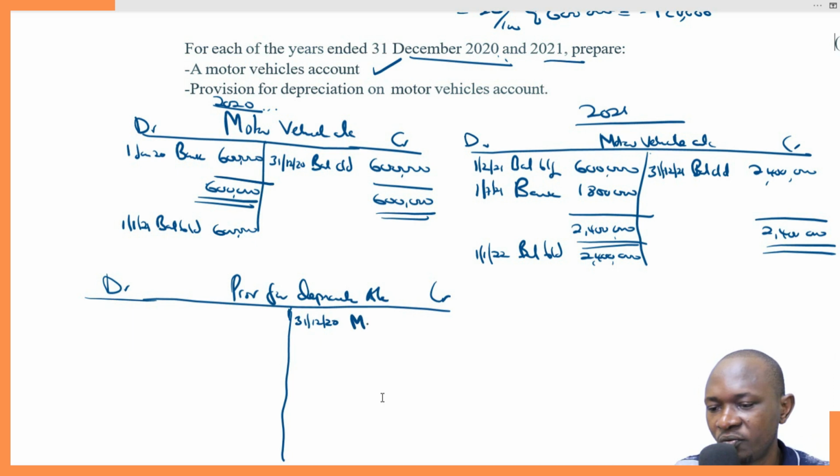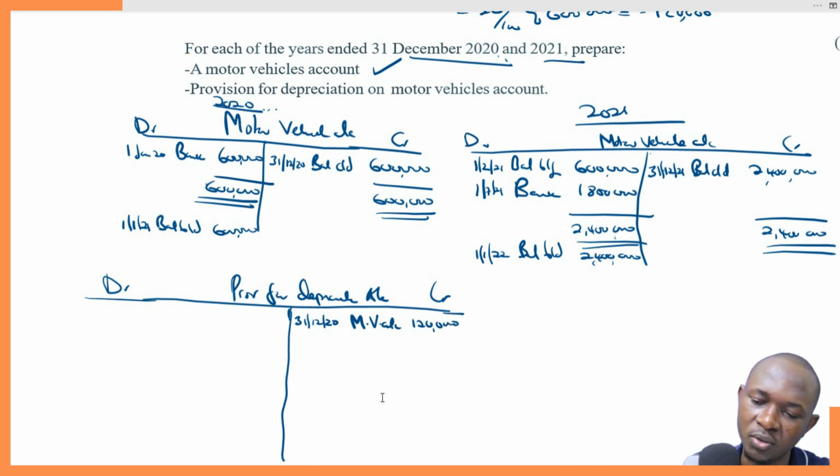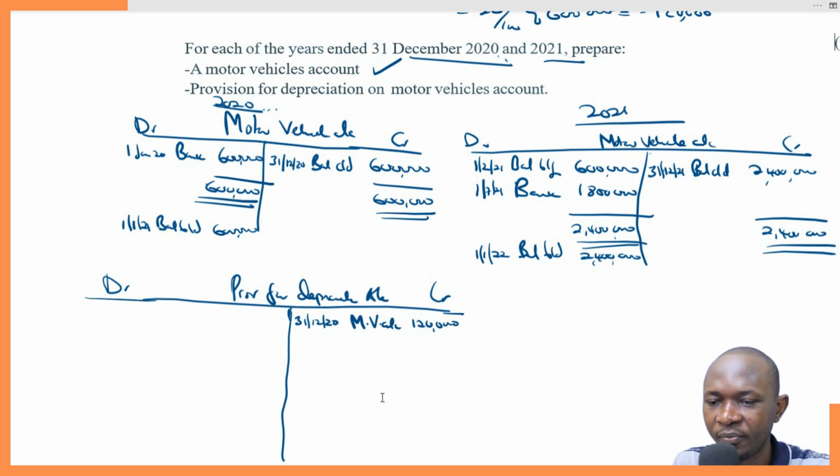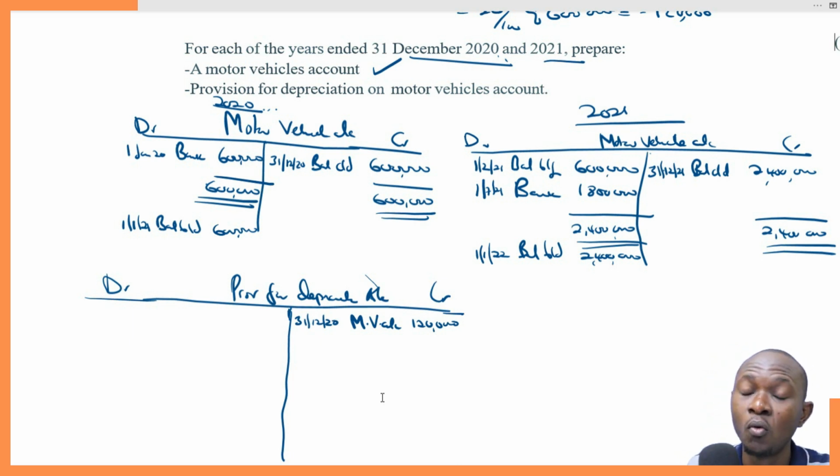So we say motor vehicle account, how much? 120,000. So it's to show that this figure here, 600,000, depreciated by 120,000. So the real value of the first vehicle in 2020 was 480,000.